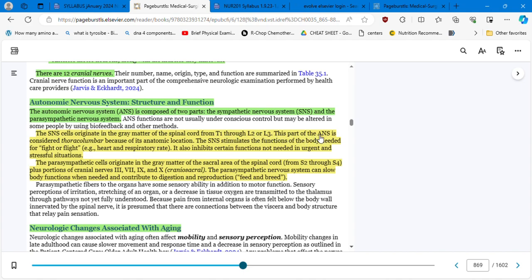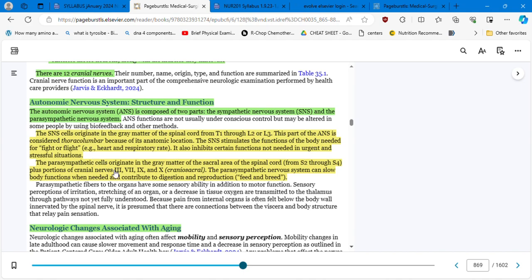This part of the ANS is considered thoracolumbar because of its anatomical location. The sympathetic nervous system stimulates the functions of the body needed for fight or flight, heart and respiratory rate, which are covered in that area from thoracic 1 to lumbar 3. Remember, the cervical is not included in the sympathetic nervous system and does not have any relation with the respiratory or the cardiac area. It also inhibits certain functions not needed in urgent and stressful situations.